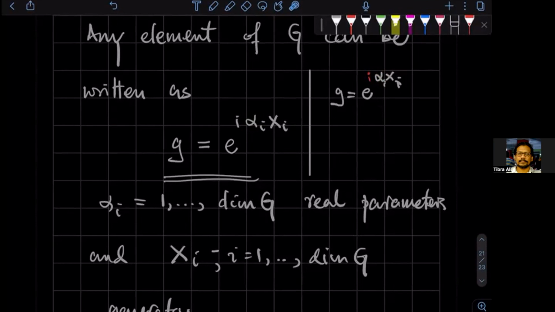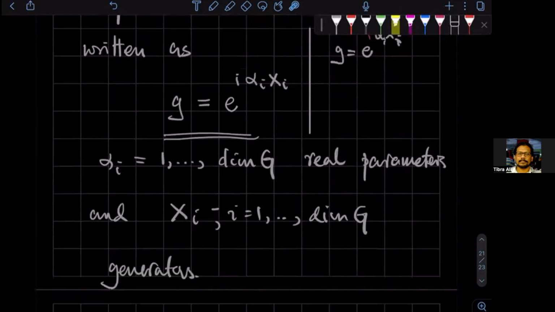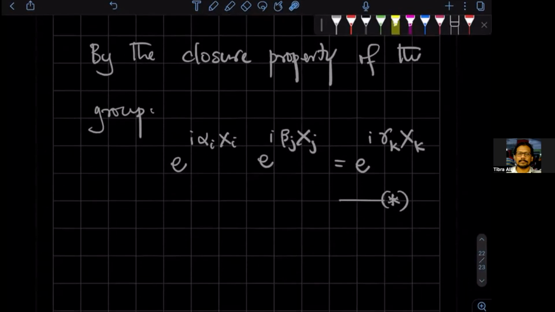But mathematicians don't have this factor of i, because for mathematicians, a group is a very abstract thing. Where would an i come from? But for physicists, we tend to think of these things as matrices. So for example, for SU(2), introducing an i here means that this becomes a Hermitian operator, a Hermitian generator. So here we are using the physicist convention, and the closure property is telling us this is the case.